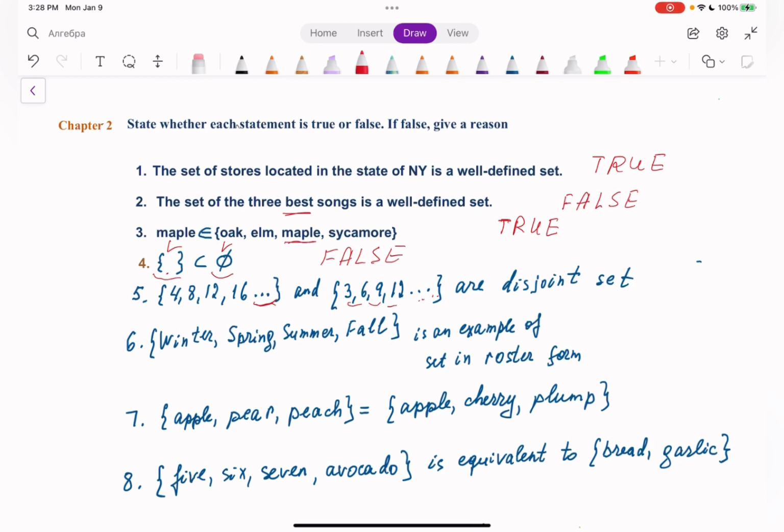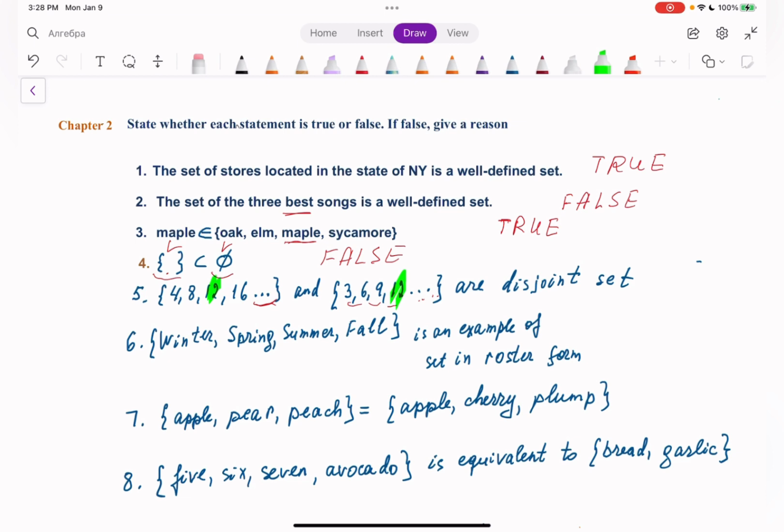So are these two sets disjoint, meaning disconnected? No, because we have common elements, right? Let me see here, 12, it's already seen, they both have. And further, if you add, I am pretty sure we will get numbers that will be the same in the first set and in the second.